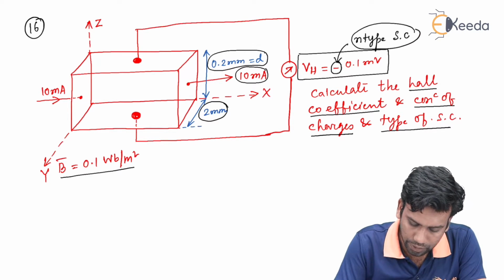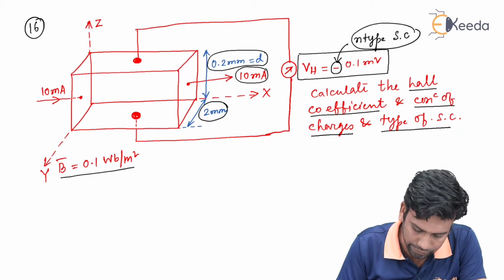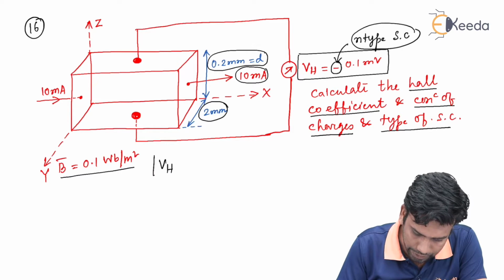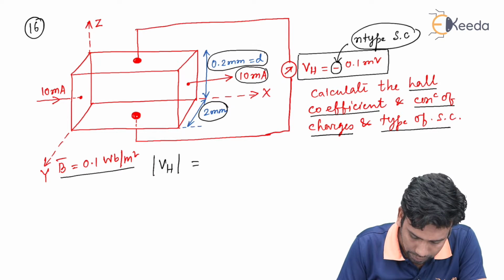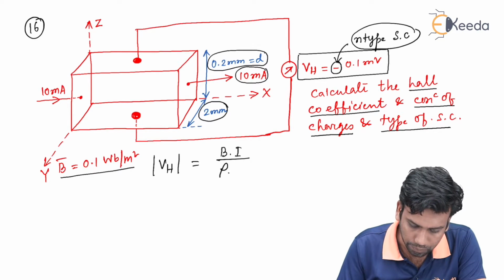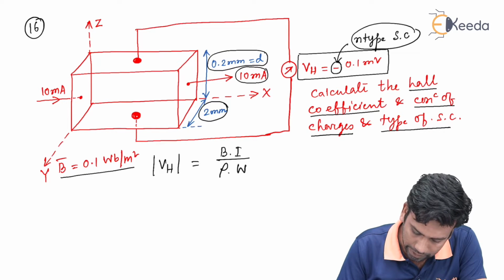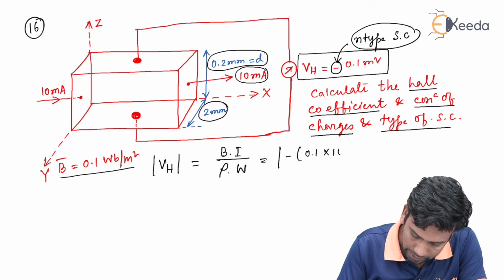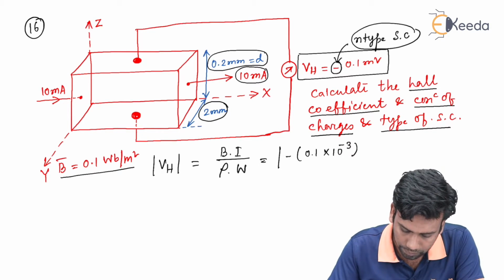Now, we know that the Hall voltage magnitude V_H can be written as B into I divided by charge density rho into W, and it is given as minus 0.1 into 10 to the power minus 3 volt.